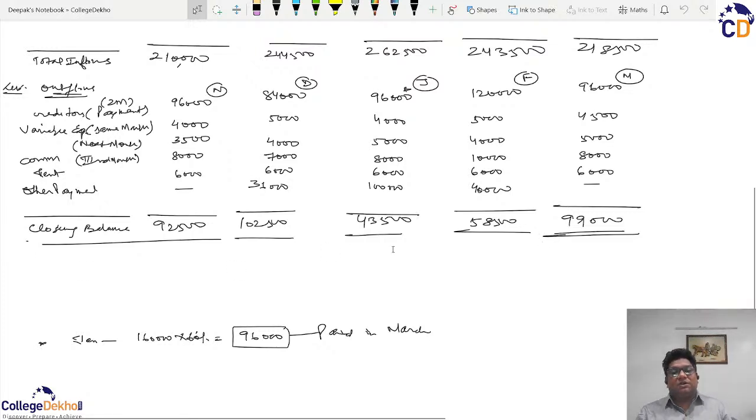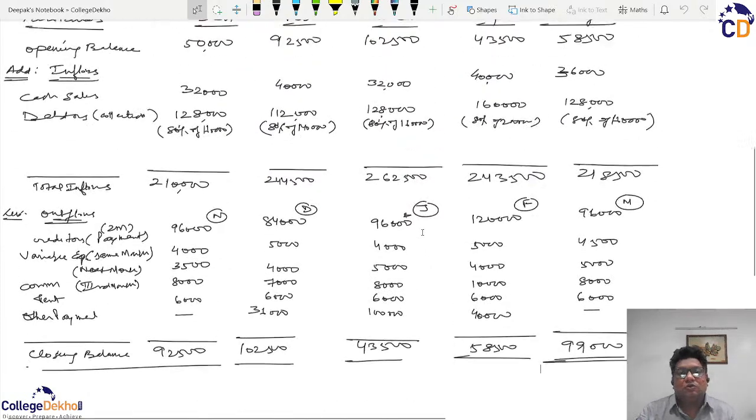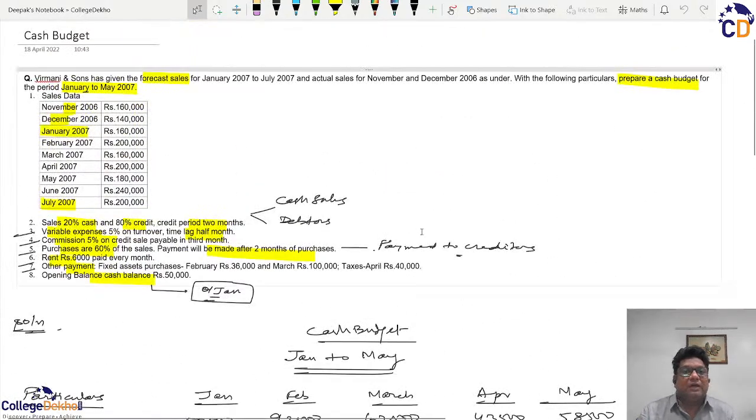So this cash budget not just helps in the estimation but also helps in making a short term investment or short term borrowing decision. So I hope this session was helpful for you to understand the meaning of the concept cash budget.